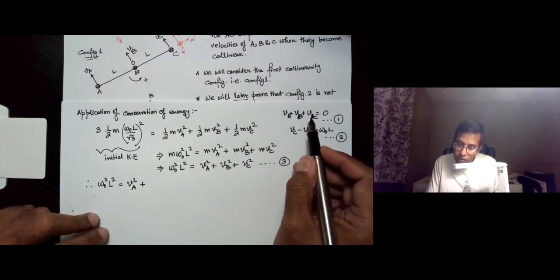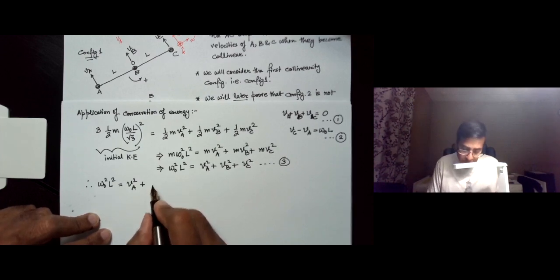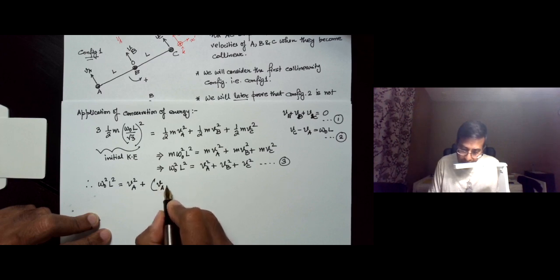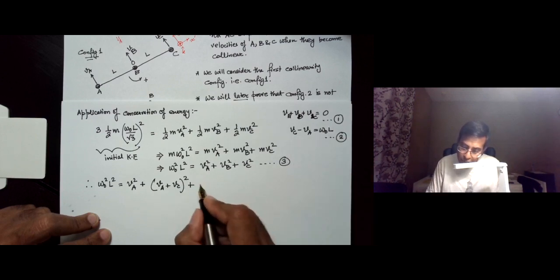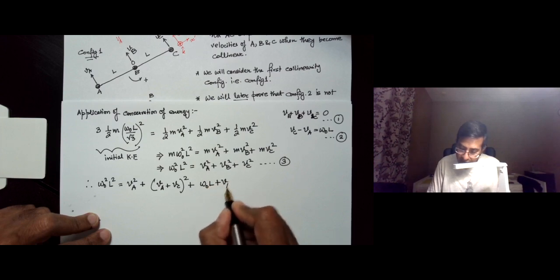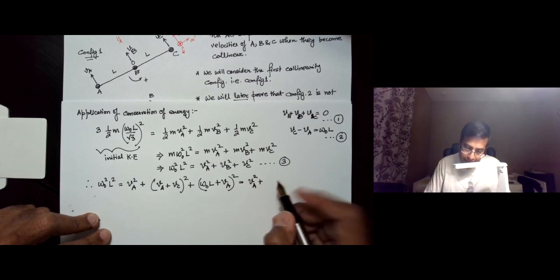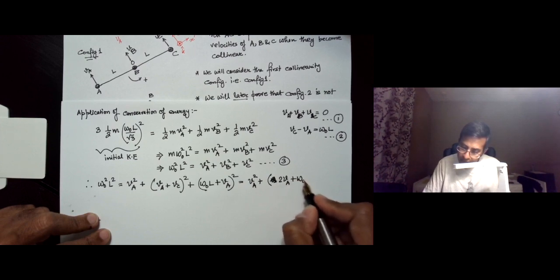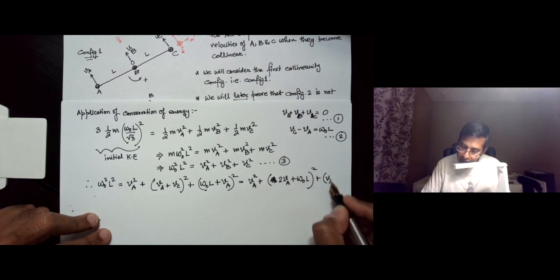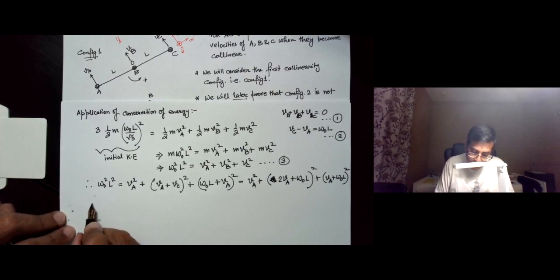Now Vb is equal to minus of Va plus Vc, so we have Va plus Vc whole squared, and Vc is equal to Va plus omega naught L, which can alternately be written as Va squared plus (2Va plus omega naught L) squared plus (Va plus omega naught L) whole squared. Okay, so we have a couple of quadratics.